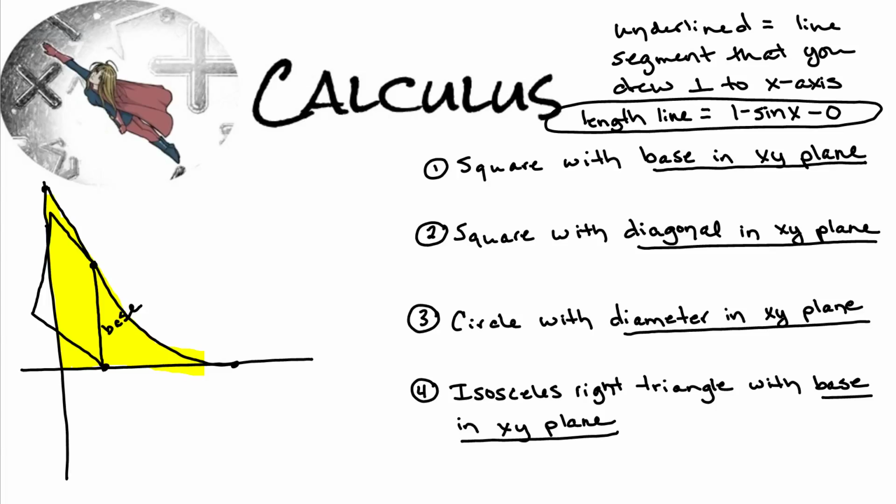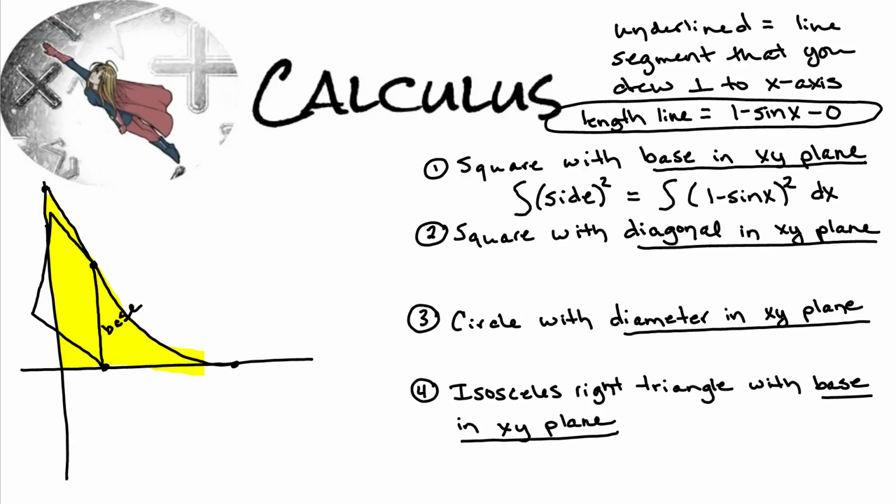So the area of the square, which you'd put next to the integral, is just going to be side squared. And the length of the side is the length of that little line segment. So it's just going to be 1 minus the sine of x, minus 0 I'm going to leave off, squared, dx. And I'm not going to try to squeeze in the limits, but it's from 0 to pi over 2 each time.